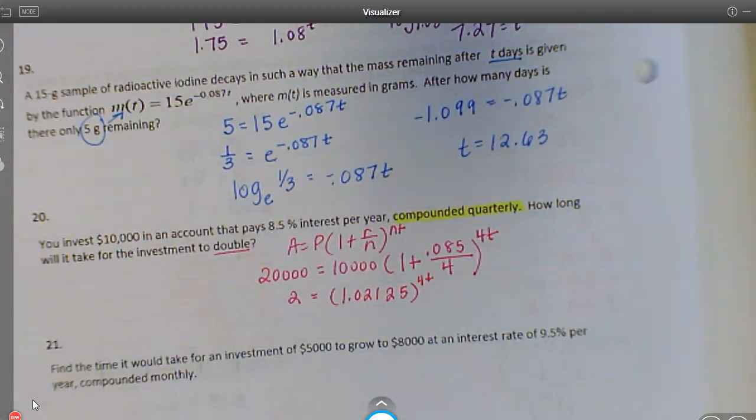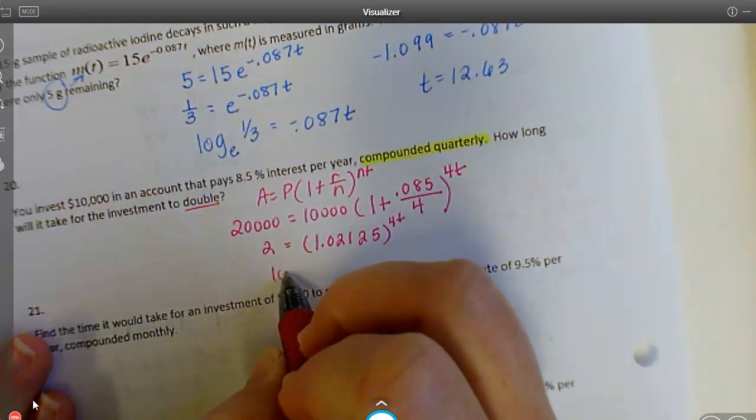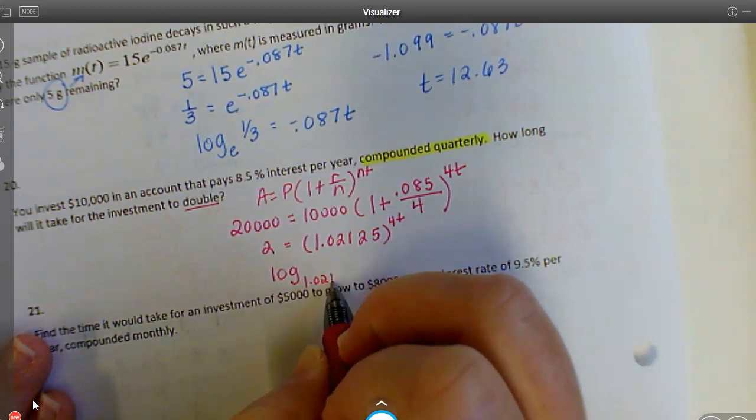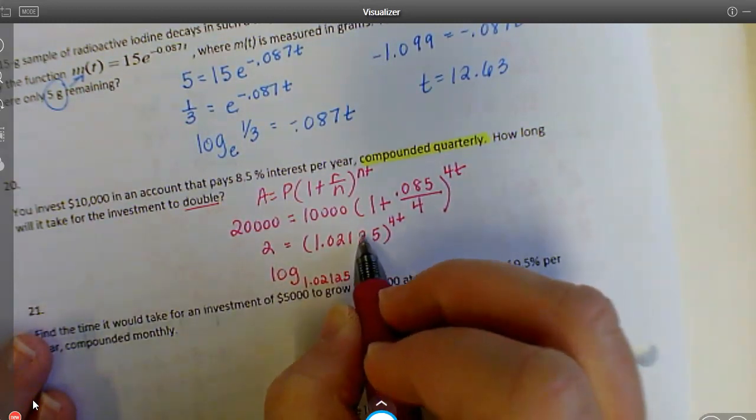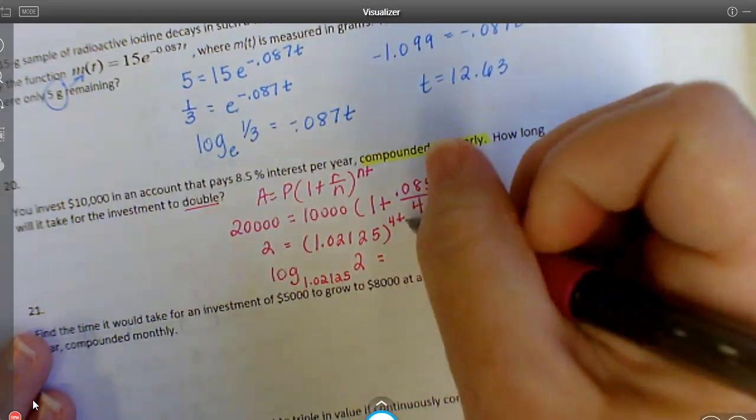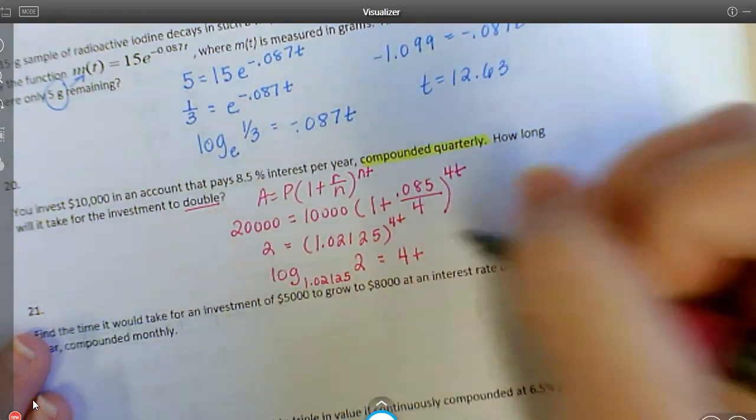Now that I have a number equals something to a power, this is where we do the log form. So we're going to say log base whatever's in parentheses of what? 2, and then equals the power.